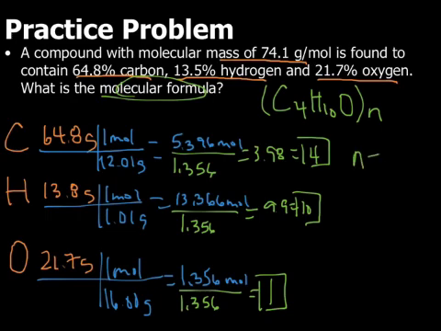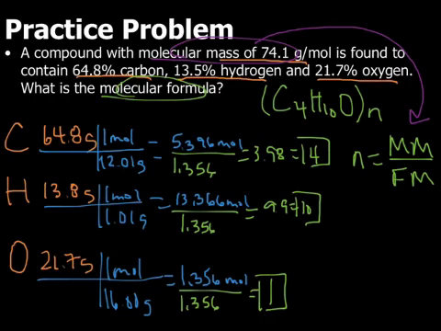Since I'm looking for the molecular formula, I also need to find my n value. N is the molar mass, or molecular mass, divided by the formula mass. My molar mass was given, so that's 74.1 grams per mole.